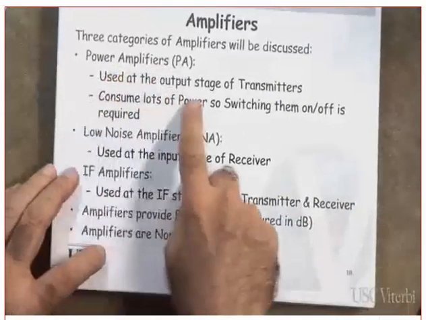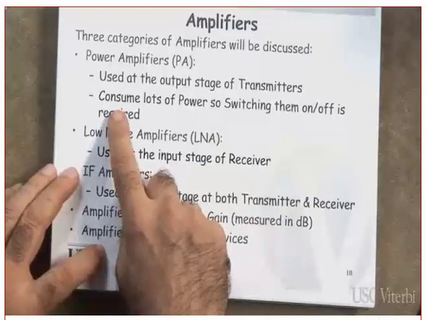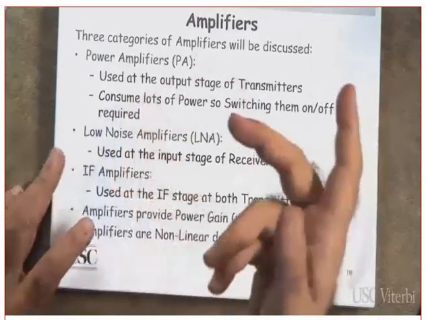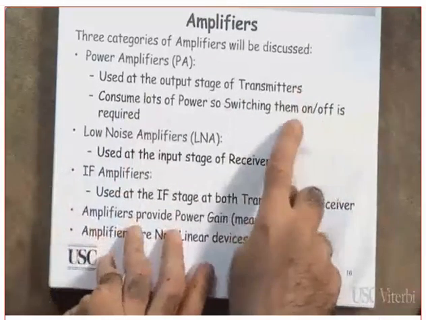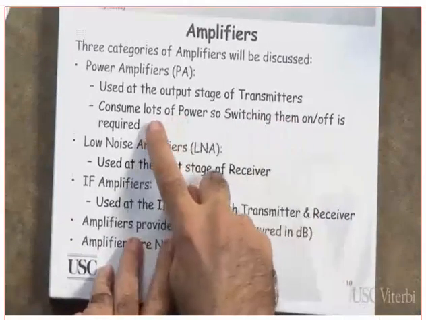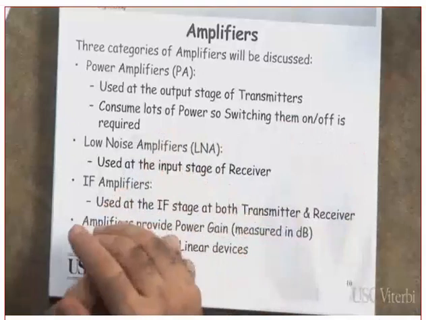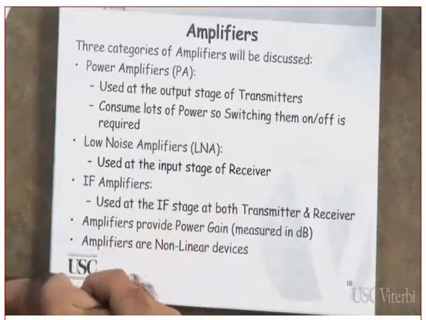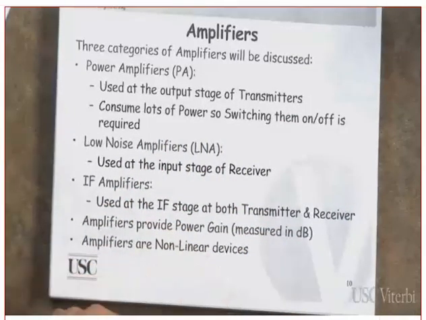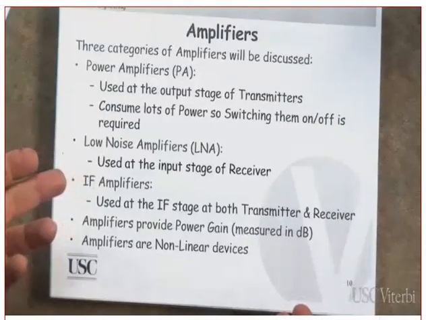So power amplifiers used at the output stage of the transmitter consume, again, lots of power. By the way, in the transmitter, do we need to turn it off? I want you to tell me, do you understand this statement? Consume lots of power, so switching them on or off is required. What does that mean? In your cell phone, the power amplifier. No, I don't think you understood my question.